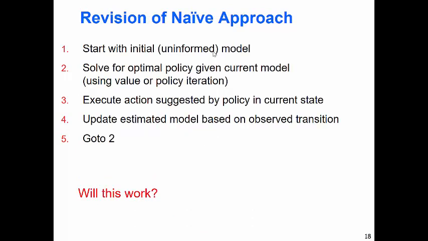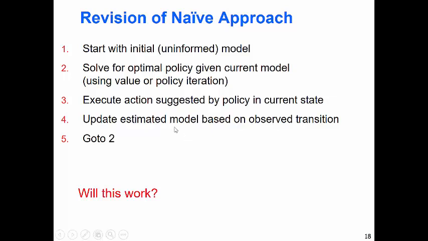What can we do now? We can revise this, and you could say we're going to start with some uninformed model, just an initial model somehow. We're going to solve for the optimal policy in the initial model, and then we're going to run that policy for a while. Maybe we just execute one action suggested by it. Maybe we execute a whole trajectory.